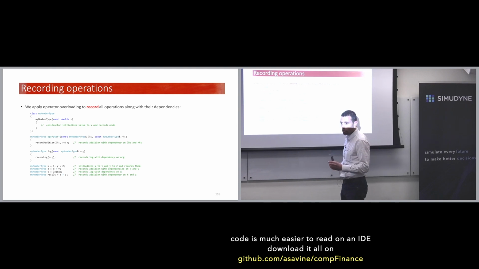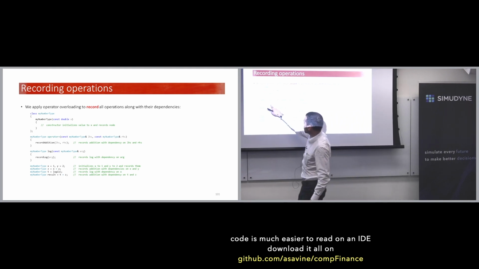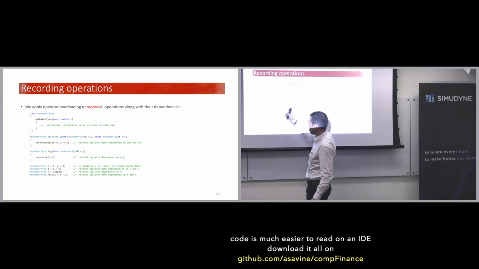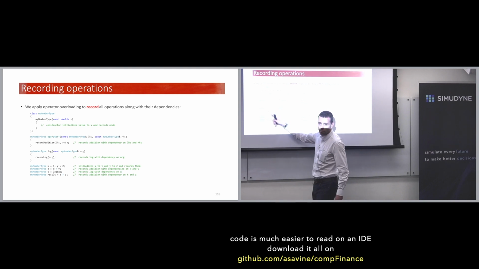So it also needs to know what is being added. So I will record an addition between the left-hand side and the right-hand side here, right? Same thing for the logarithm, but that one has only one argument. My overloaded operator for log will record the calculation of a logarithm over the argument, right?